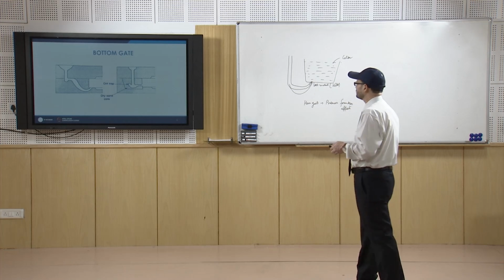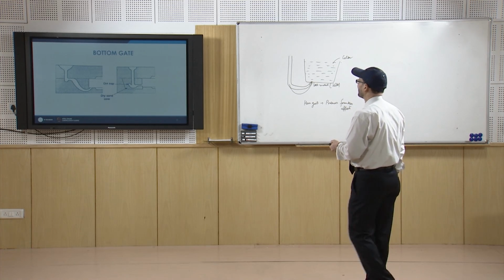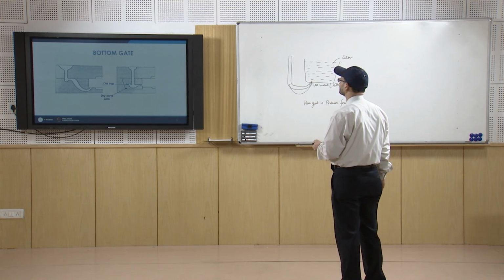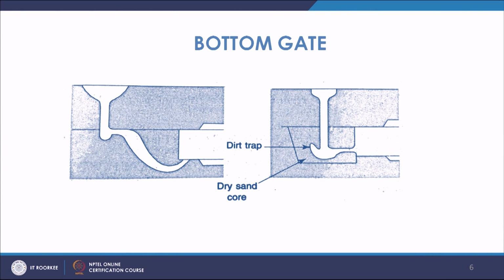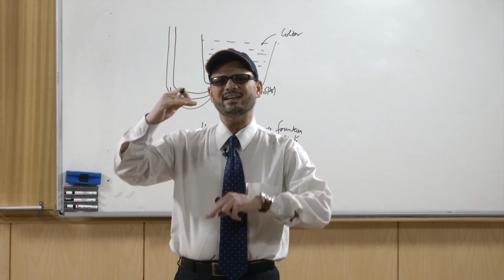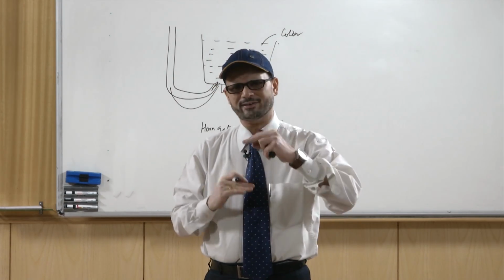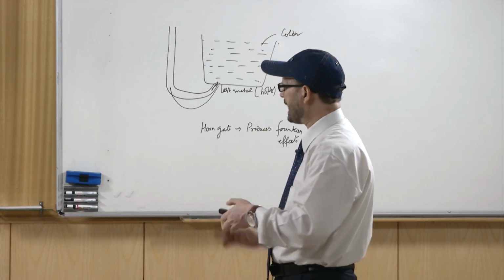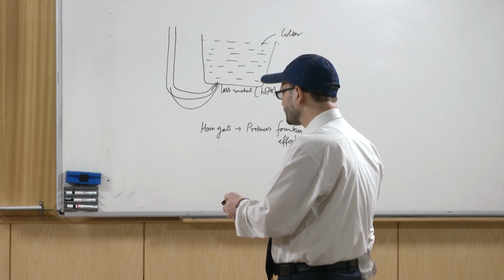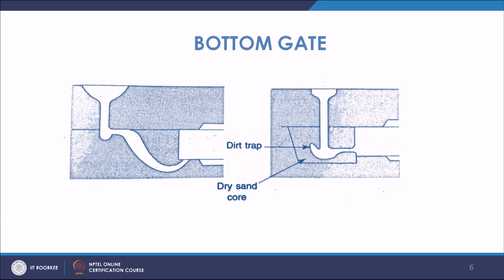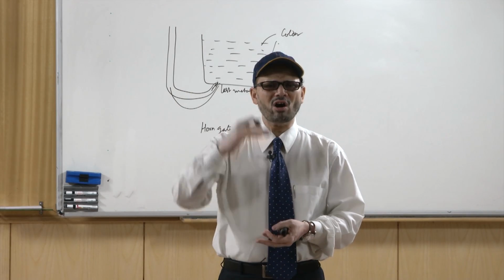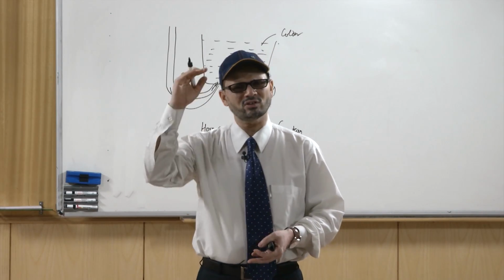Then there is also a certain mechanism: the dry sand core is used in the case of bottom gatings, because the metal is falling from this height. So, the effective head of the metal is increased, and in that case the impact of the liquid metal is higher. So, you need to have a very strong base, and you must have this area very strong to withstand the force which is generated because of the fall of the liquid metal from the top.